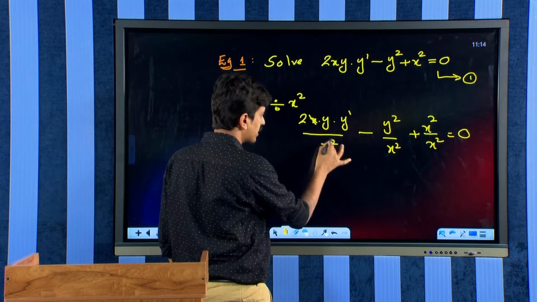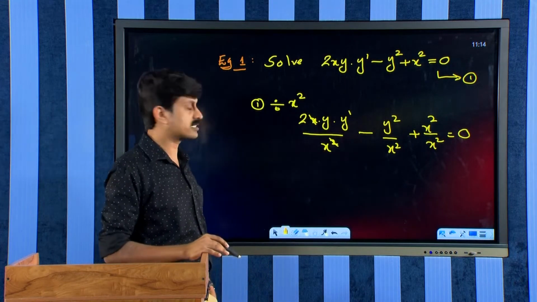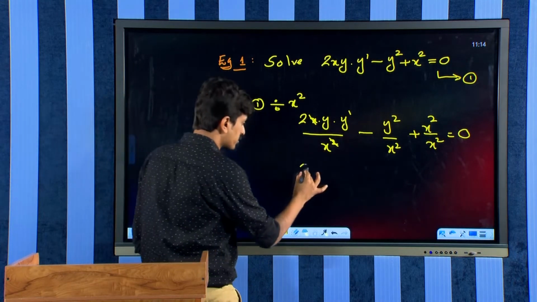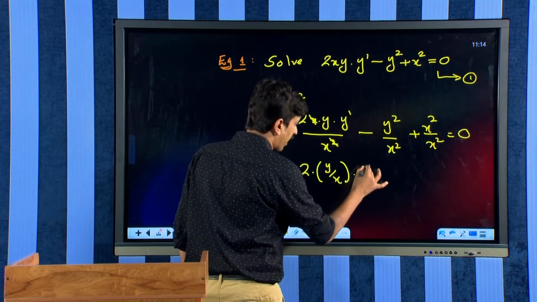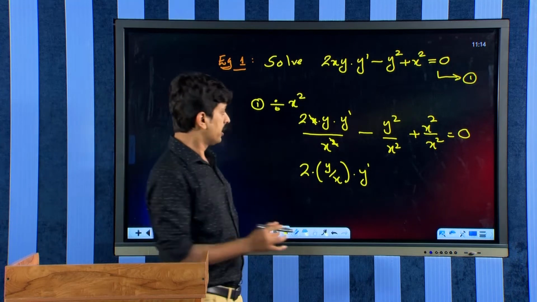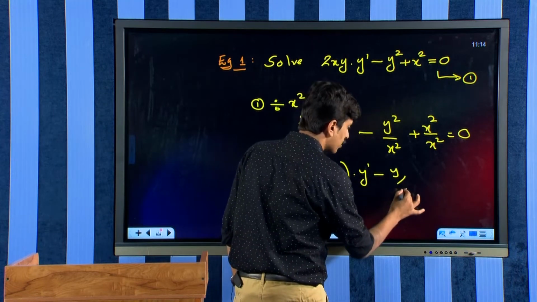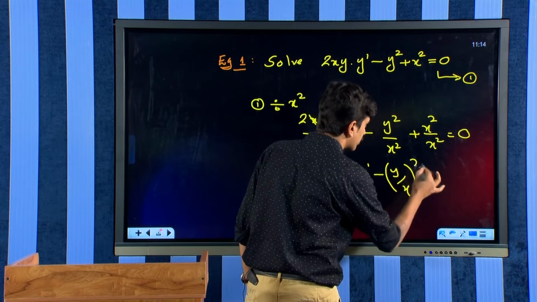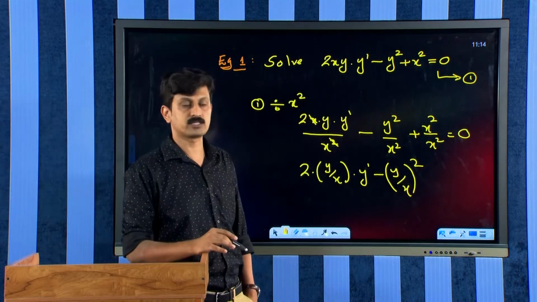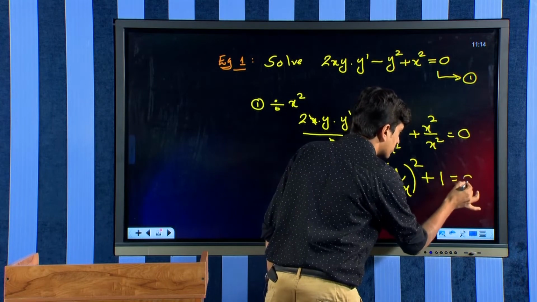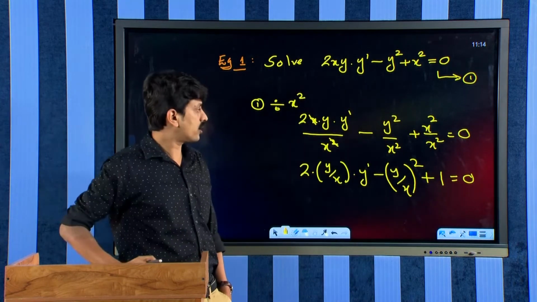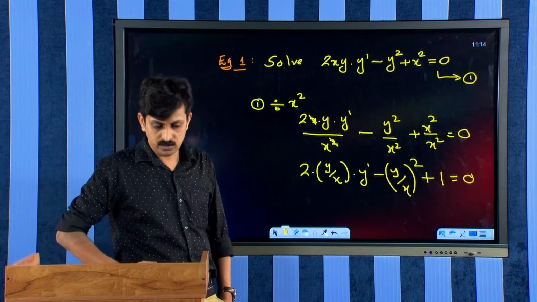We have 1 x in the numerator and 1 x in the denominator, we can cancel. Therefore, we will have 2 into y by x into y dash minus y by x whole square, and finally x square by x square is equal to 1. So, after all, it is equal to 0.